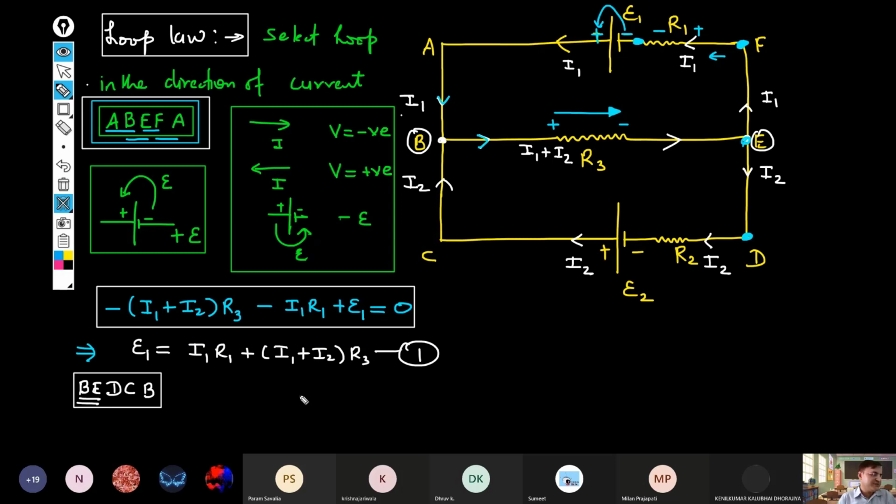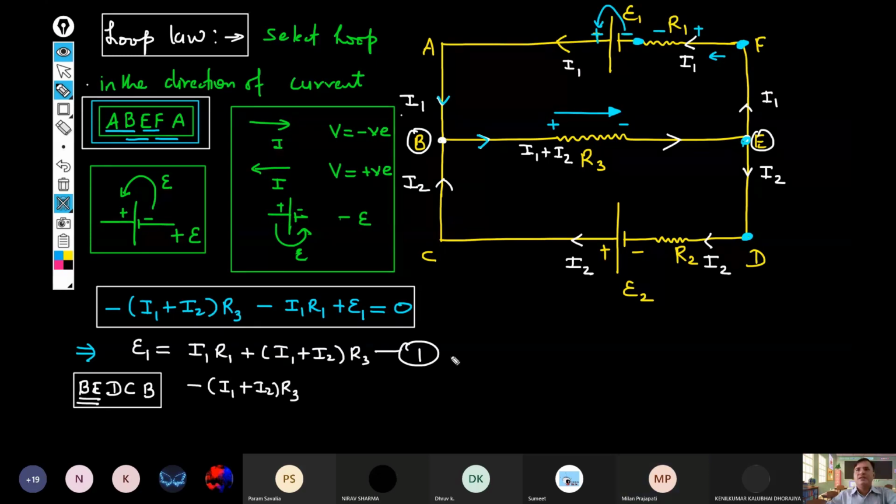Nirav, you tell me what shall I take from B to E first of all according to Kirchhoff's second law. Sir, minus (I1 plus I2) R3.